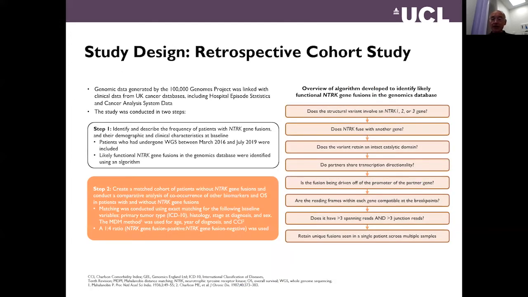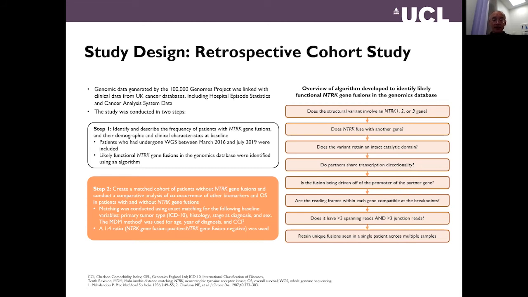And this was the algorithm, on the right here, about how we got there. Using the whole genome data, was there an NTRK 1, 2, or 3 structural variant? Was there a fusion? And then a number of checks that the calling of this fusion was correct.